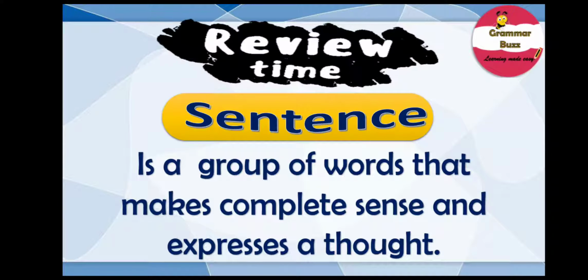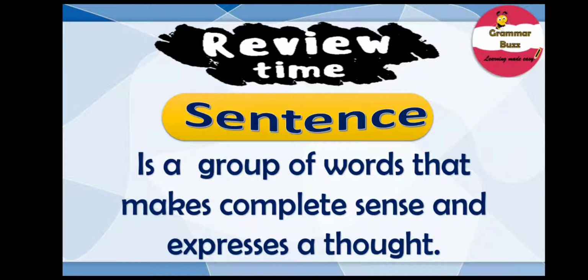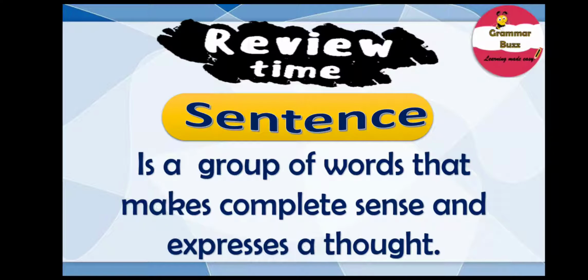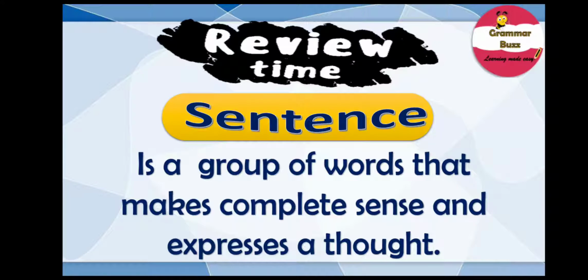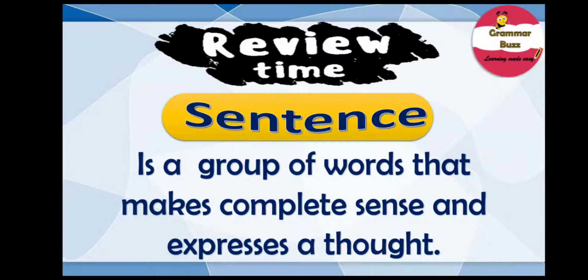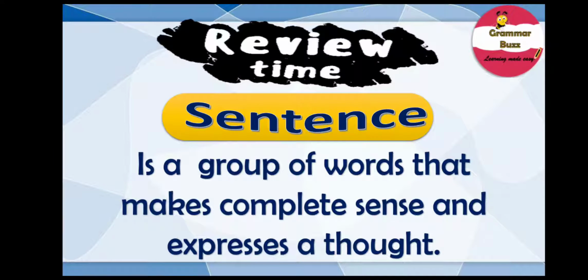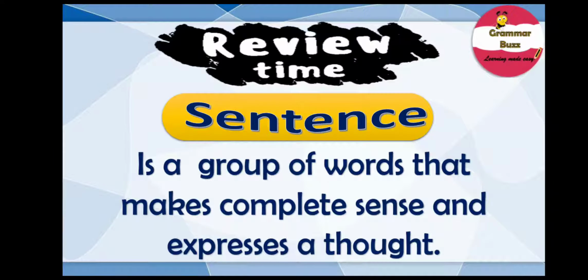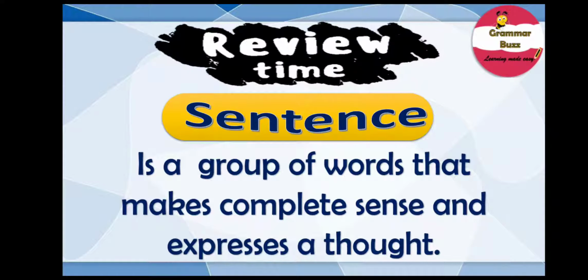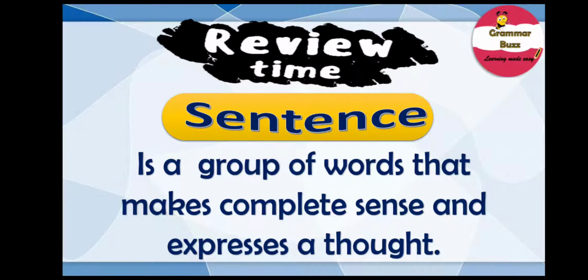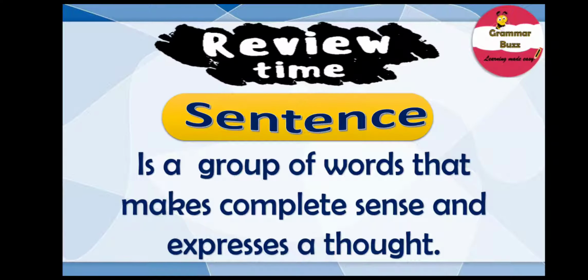A sentence must contain a subject and a verb, and it always begins with a capital letter and ends with an end mark. I hope you remember that, don't you? If you don't, then I would suggest you go back and have a look at my video on sentences.